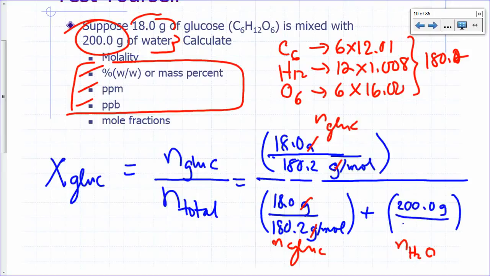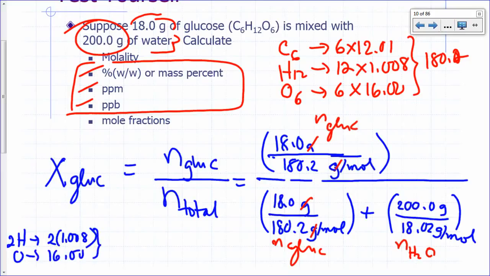Molar mass of water, by now you should know it, it's 18.02 grams per mole. You have 2 hydrogens, so 2 times 1.008, and 1 oxygen is 16.00, so that would give you 16 plus 2.016, 18.02 grams per mole is the molar mass of water.